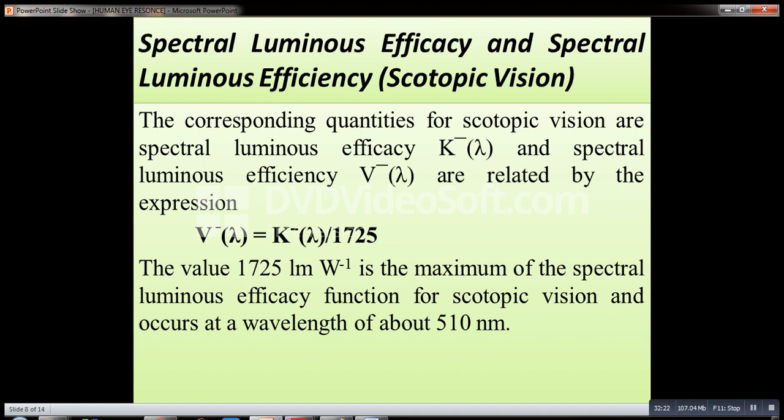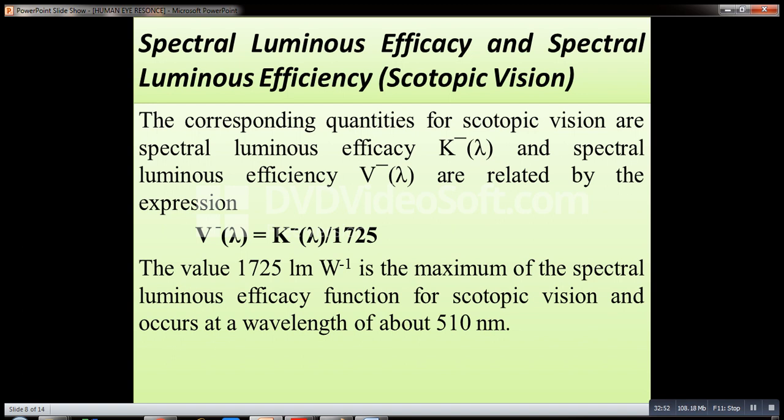We will repeat again to distinguish between scotopic and photopic vision. In photopic vision, the luminous efficacy of radiation has a maximum possible value of 673 lumen per watt for monochromatic light at a wavelength of approximately 555 nanometers, in the green region of the spectrum.